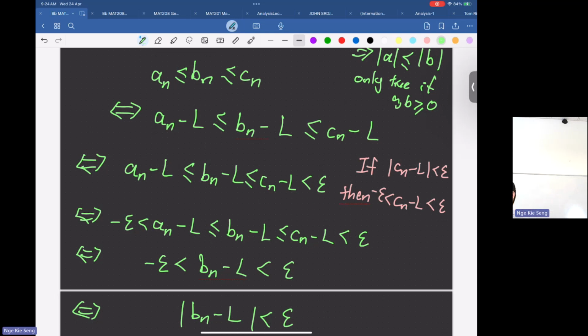But do you still remember to do one thing? To prove convergence, what do you need? For every epsilon, you need to find the capital N. Okay, so where is the N involved here? Which part do you need the N to come in?